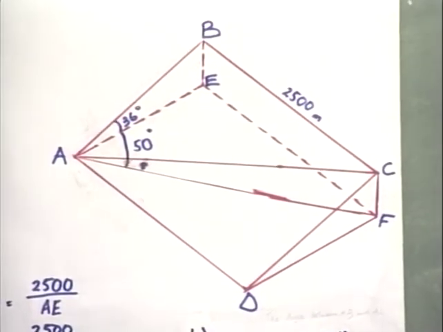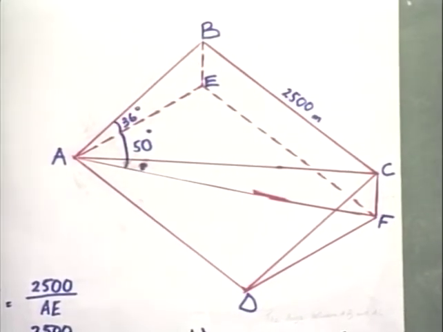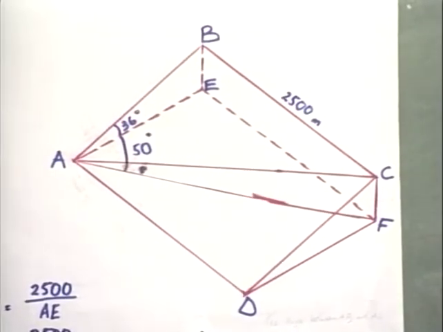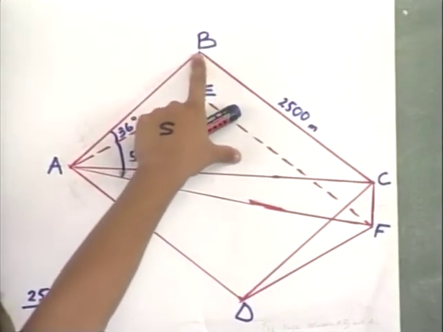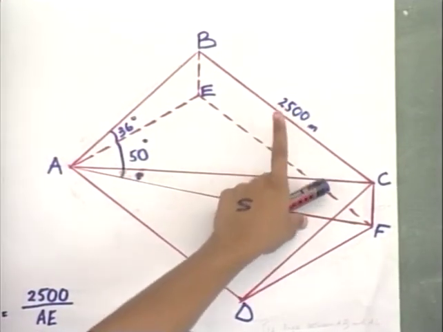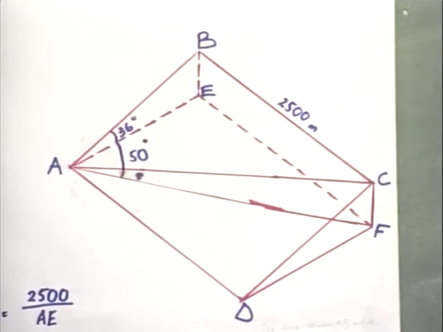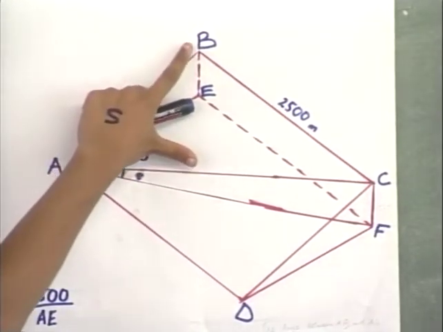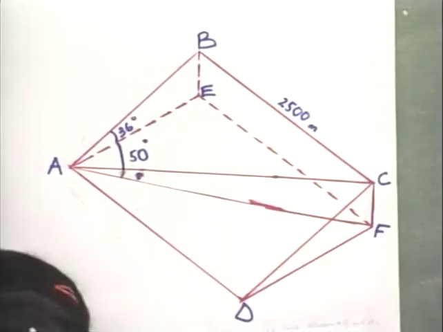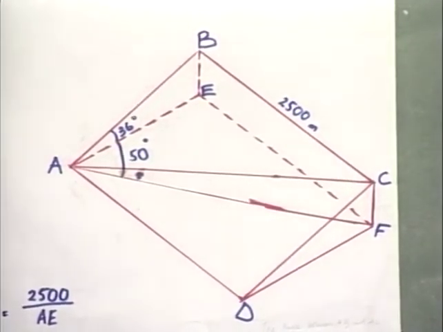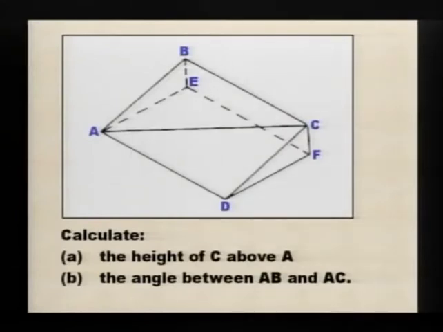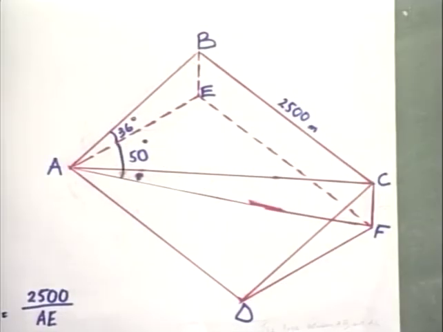The line AC bears 50 degrees, and C is 2,500 meters east of B. So the distance from there to there is 2,500 meters. The lines BE and CF are vertical. For A, we are asked to calculate the height of C above A. Before we find C, we have to find the line AE.